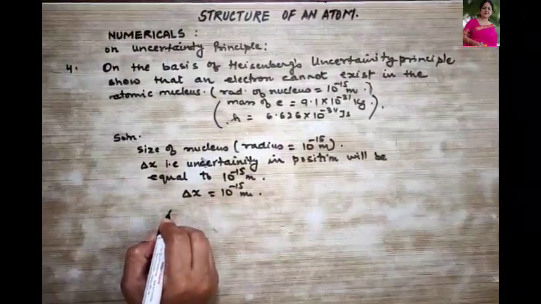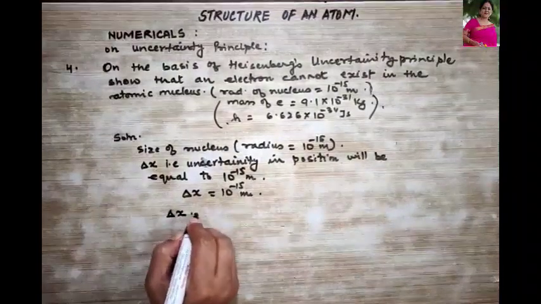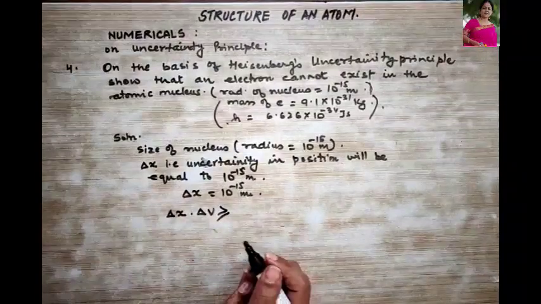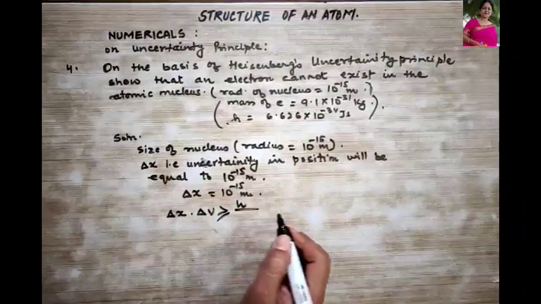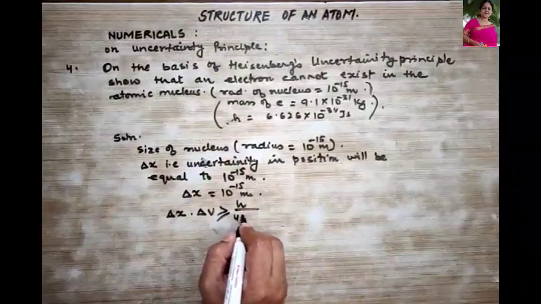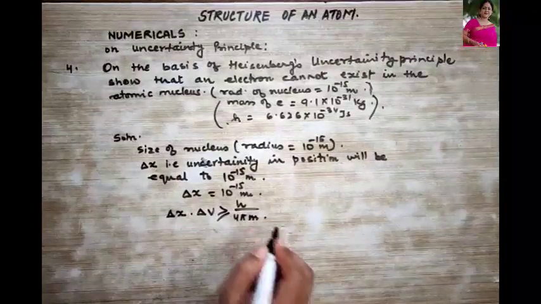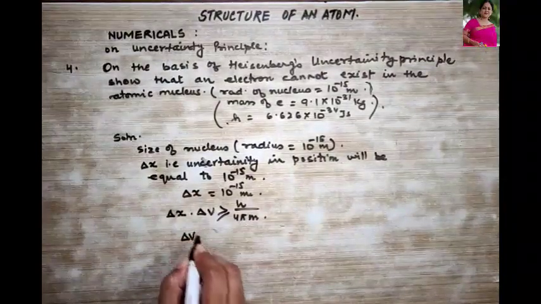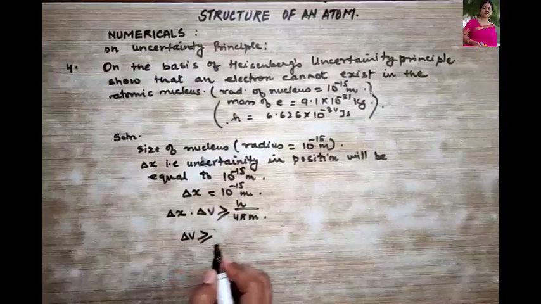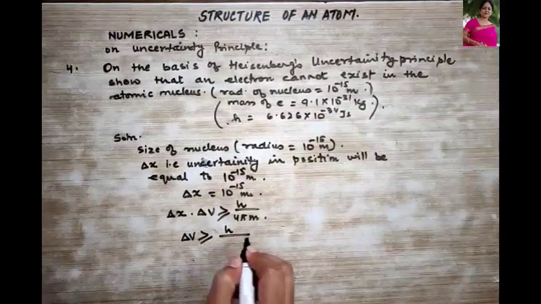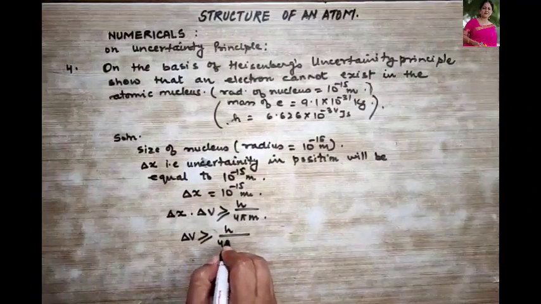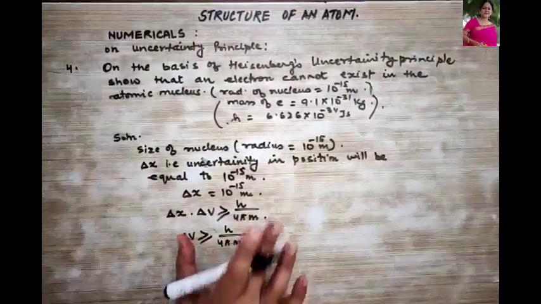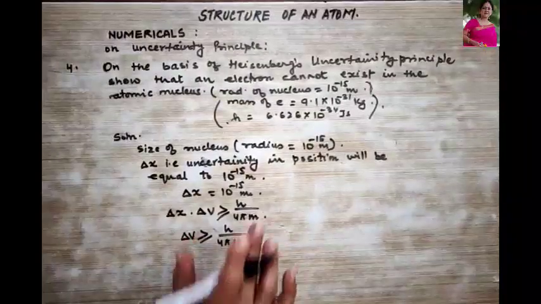Now, we know that delta x into delta v is greater than or equal to what? Planck's constant upon 4 pi m, right? So, delta v is greater than or equal to h upon 4 pi m delta x. What have you to do? Just place the values over here.